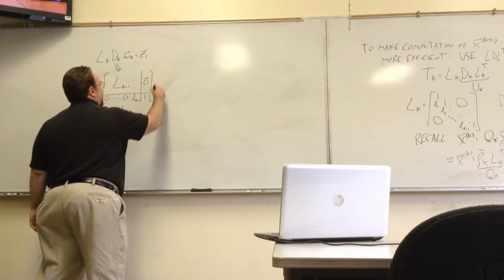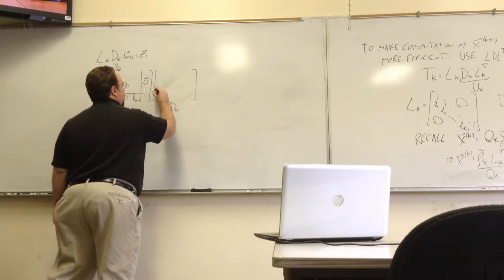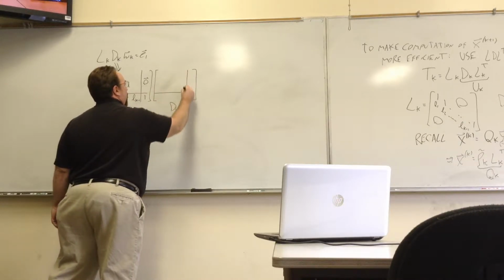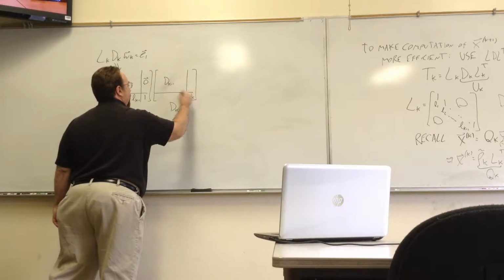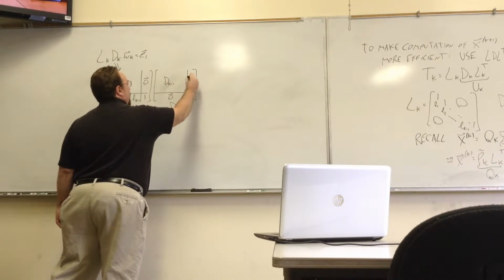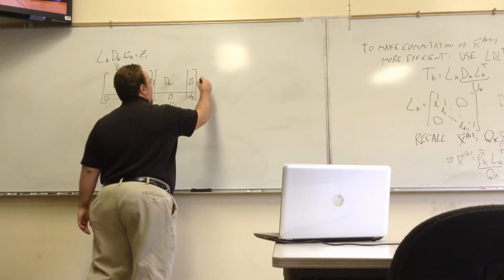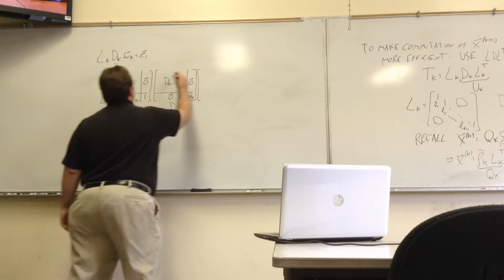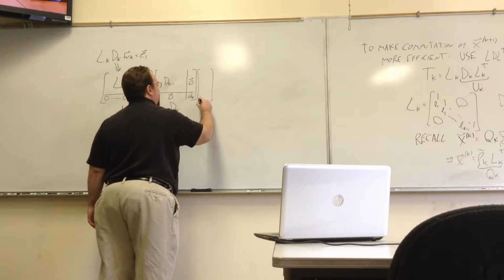And then, similar thing for DK. I give it the same block structure. So I have DK minus 1 up here. I have little dk down here. Everywhere else I have 0. And then I have now this is WK.